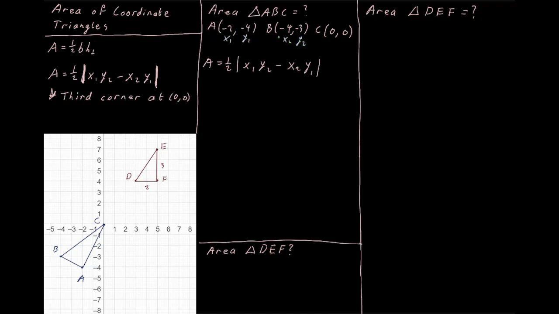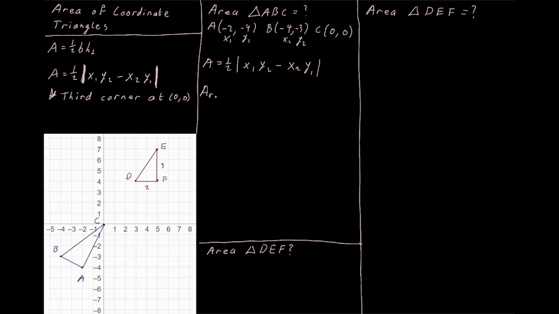It doesn't matter which one of these is the first point. I could have called B x1, y1 and A x2, y2. All that matters is one of our corners has to be at 0, 0. We've written down our formula from our log tables, so now we're going to sub everything in.